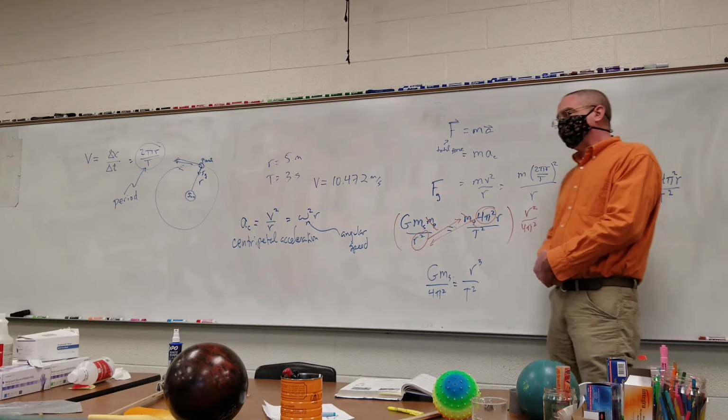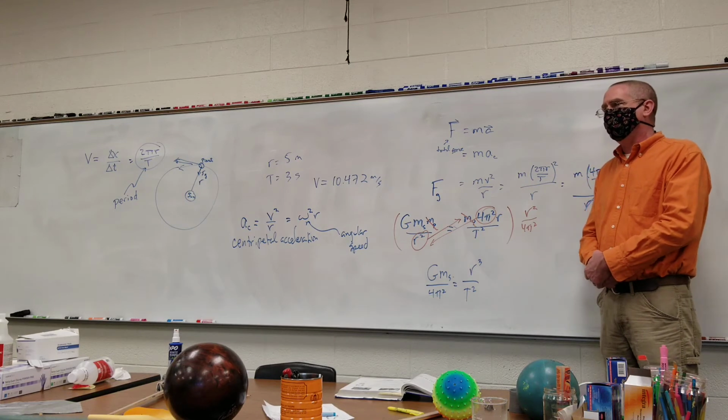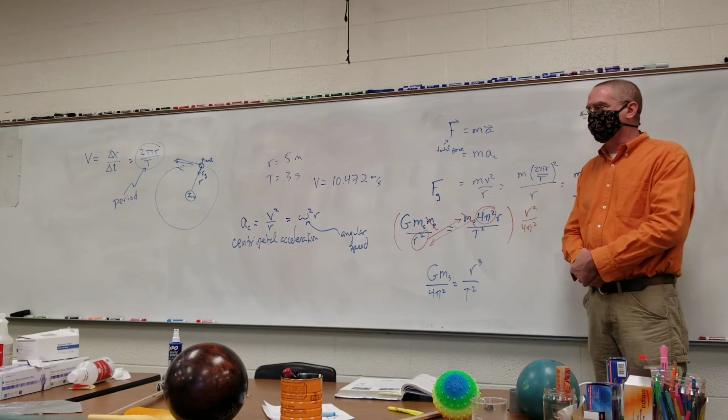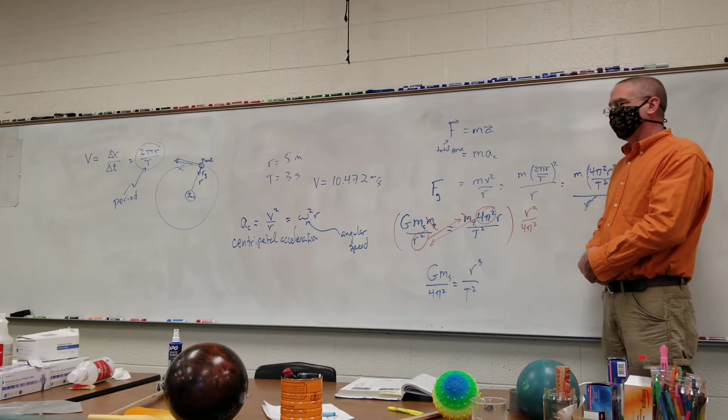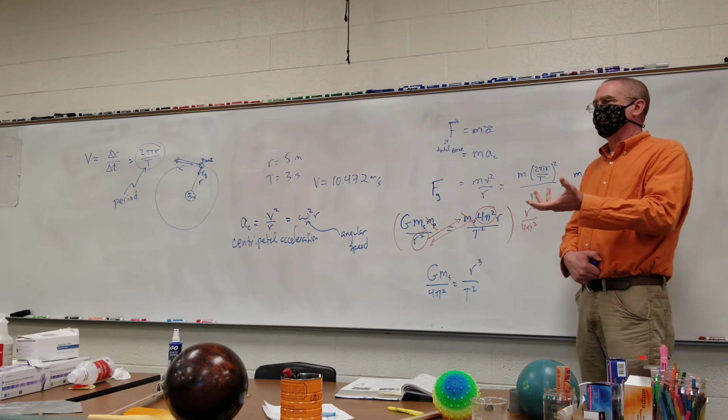All right, so why this is so incredible is this applies to anything orbiting our sun. Now we did assume a circular orbit, which is not too bad an estimation. It's not as exact as we could get.